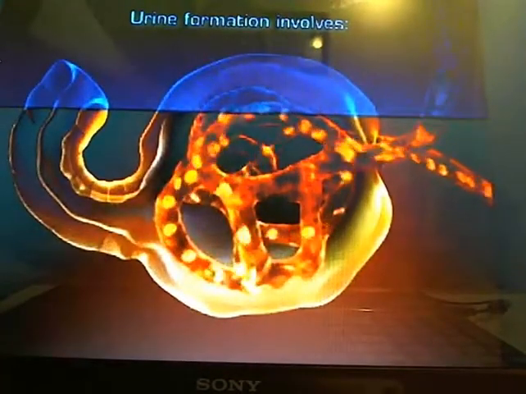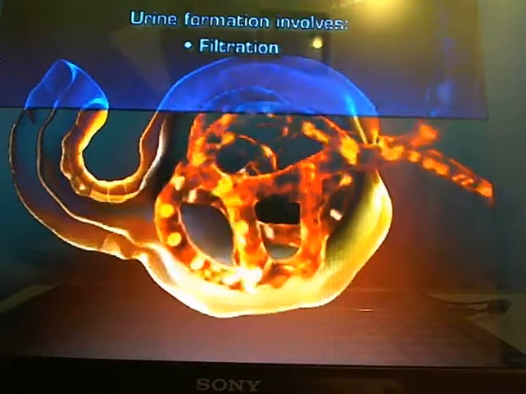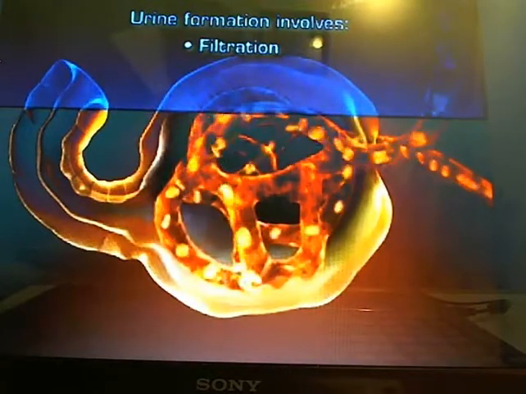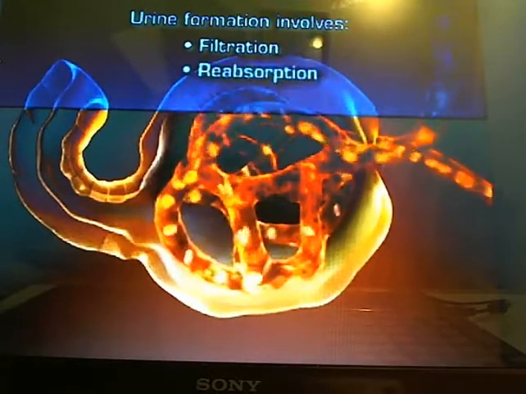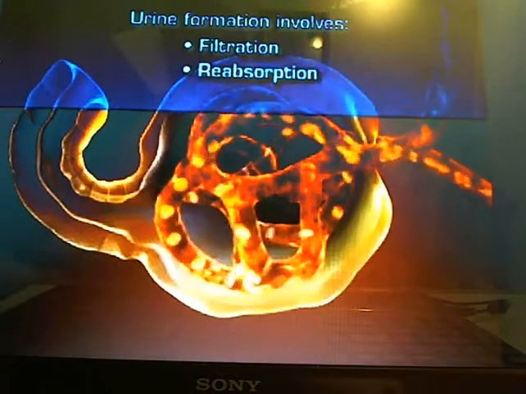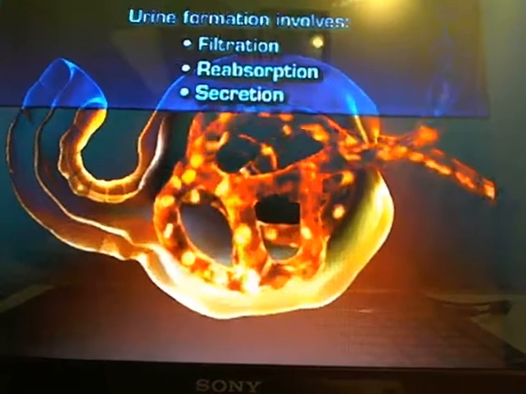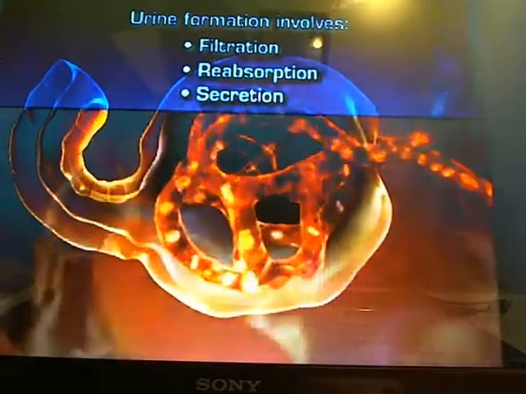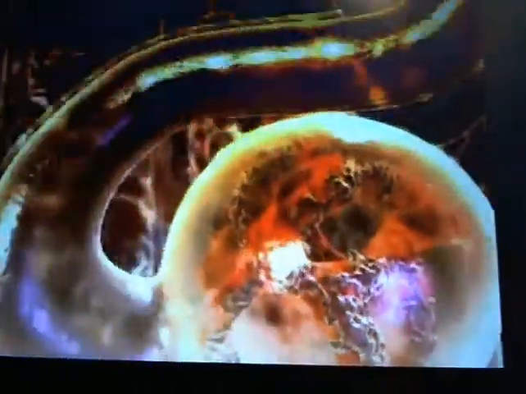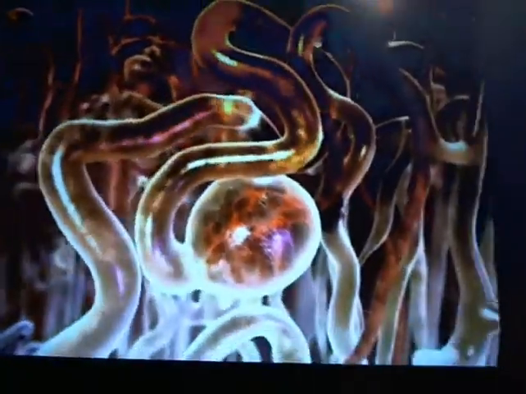Urine formation involves the filtration of the blood by the glomerulus to form an ultrafiltrate of urine, the tubular reabsorption of electrolytes and nutrients needed to maintain the constancy of the internal environment, and the secretion of waste materials. Filtration occurs as blood flows into the glomerulus from its afferent arteriole, and plasma moves through the glomerular capillaries into Bowman's space.